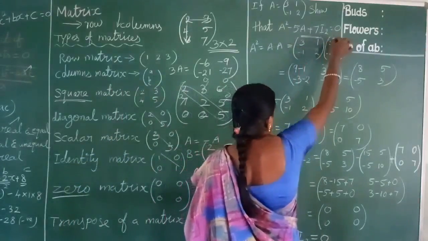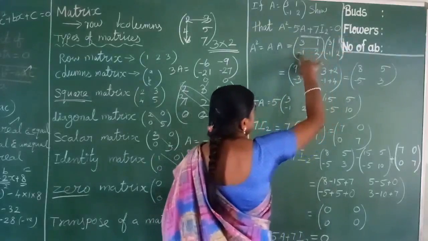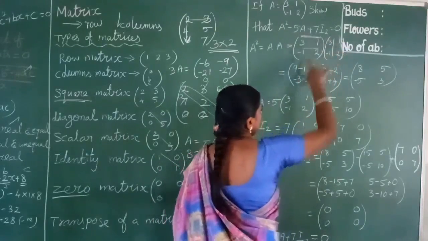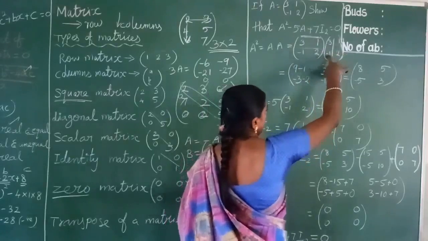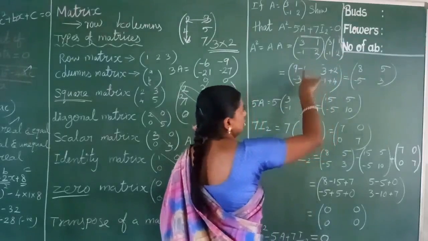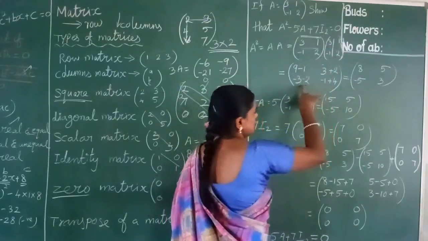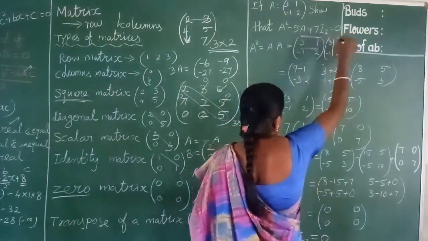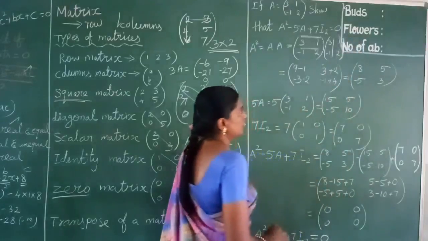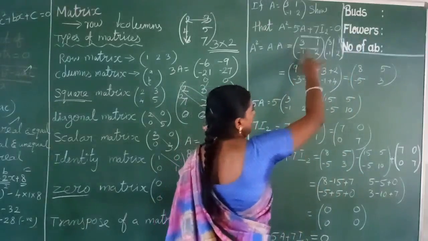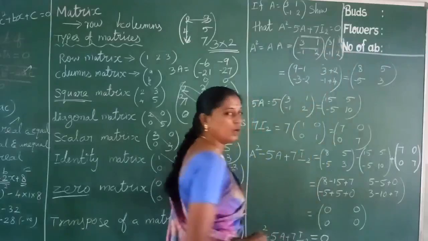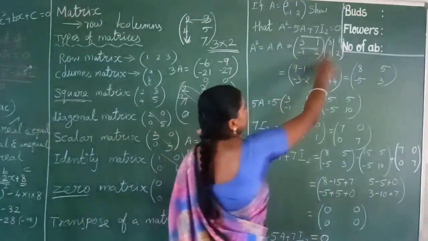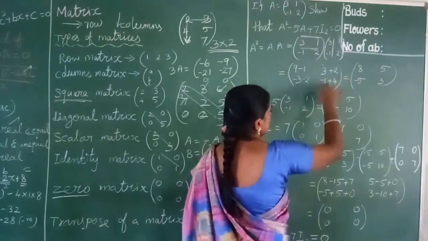Second row, first column: -1 into 3 is -3, 2 into -1 is -2. Next, second row, second column: -1 into 1 is -1, 2 into 2 is 4, so -1 plus 4.